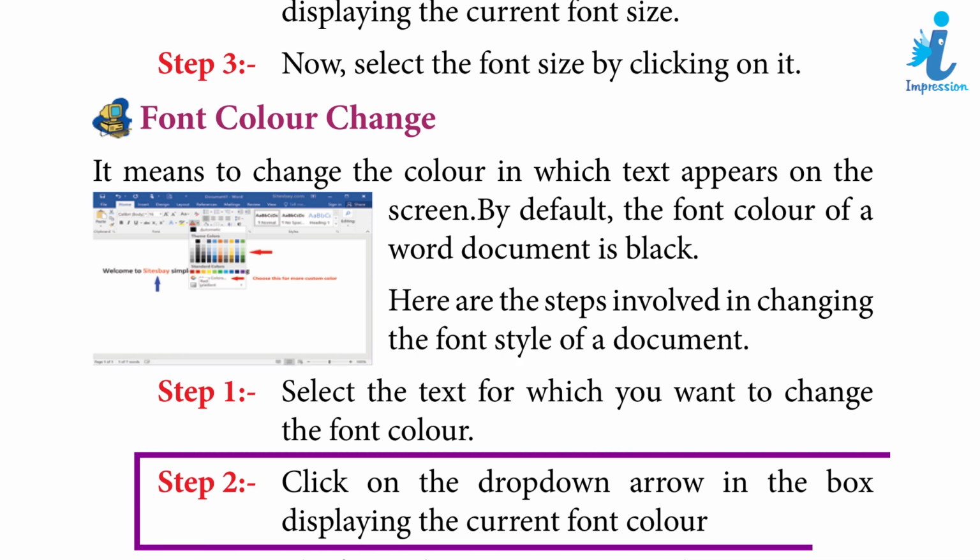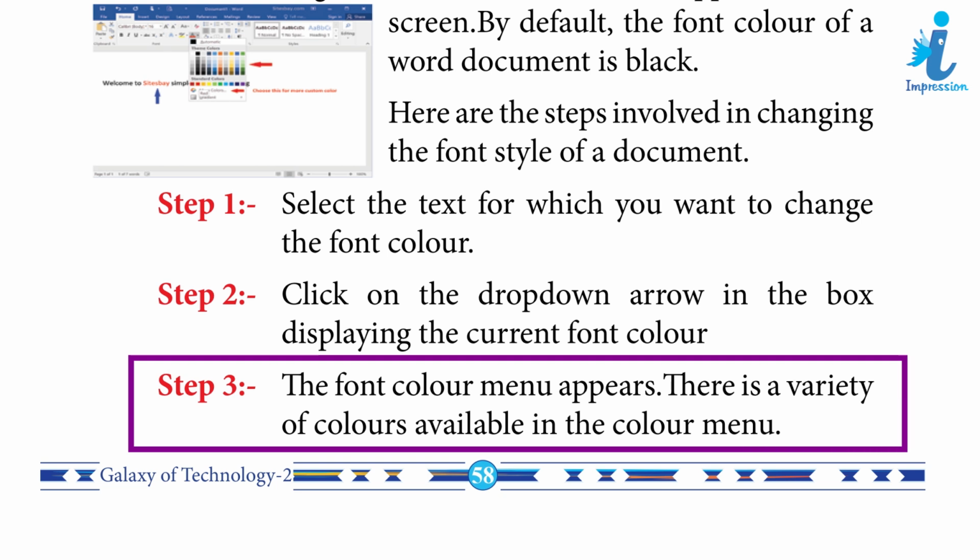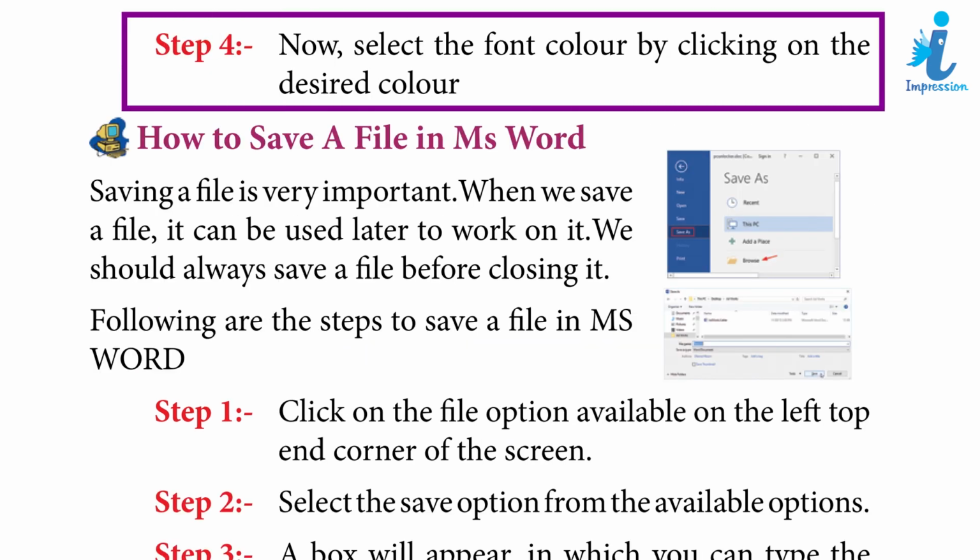Step 2. Click on the drop-down arrow in the box displaying the current font color. Step 3. The font color menu appears. There is a variety of colors available in the color menu. Step 4. Now select the font color by clicking on the desired color.